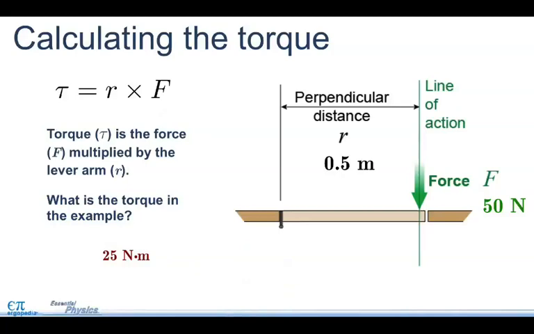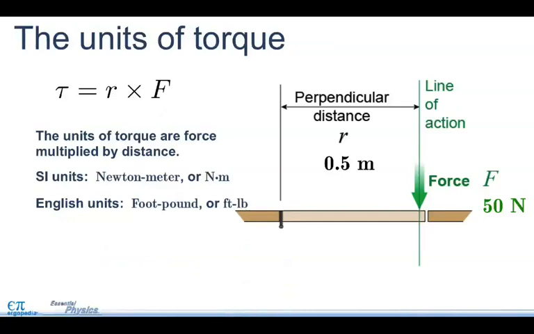If you did not get the correct answer, pause playback to review your work. So again, the units for torque in the SI system are newton meters, and in the English system or the imperial system, foot-pounds.